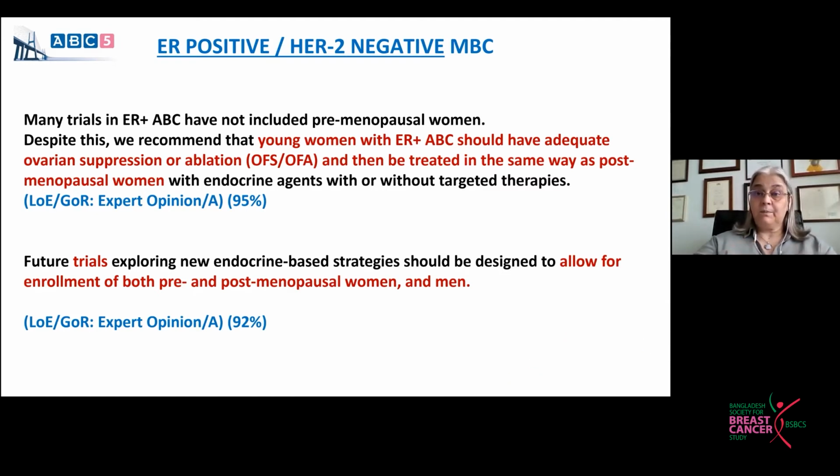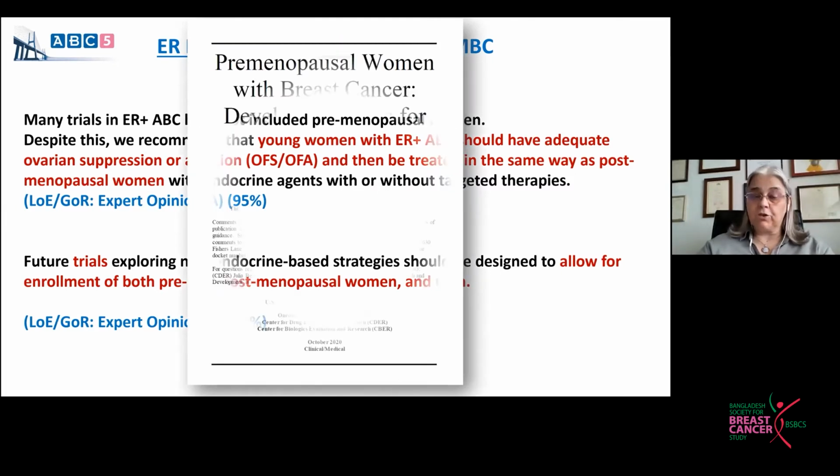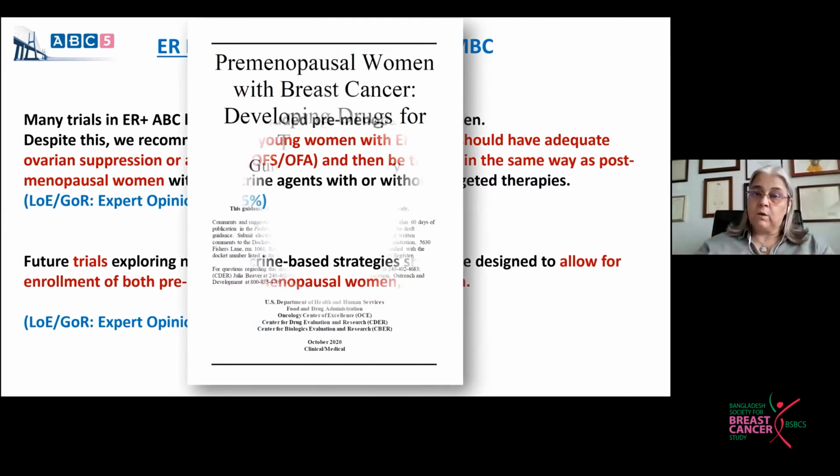From that moment on, she should be treated as a postmenopausal woman. These women should not be excluded from trials. We've been fighting for this for a while, and I'm very happy to tell you that the FDA has listened, and they are now defining guidance for clinical trials to avoid exclusion of young women.